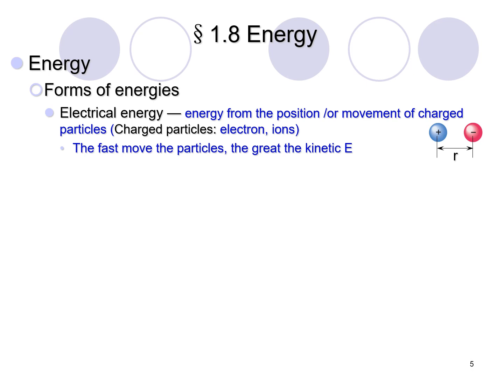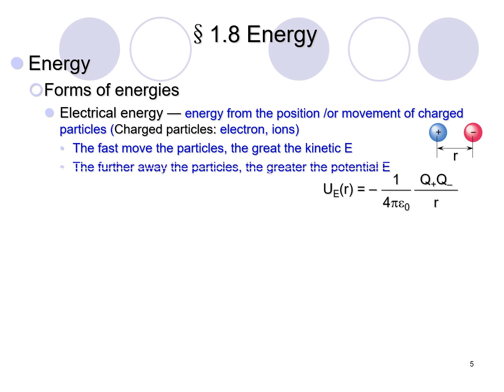What kind of energy can be converted to such work? Potential energy. The potential energy can be calculated by this equation. This is the law of Coulomb, or Coulomb's law. It tells us how much energy is stored in this pair of charged particles.